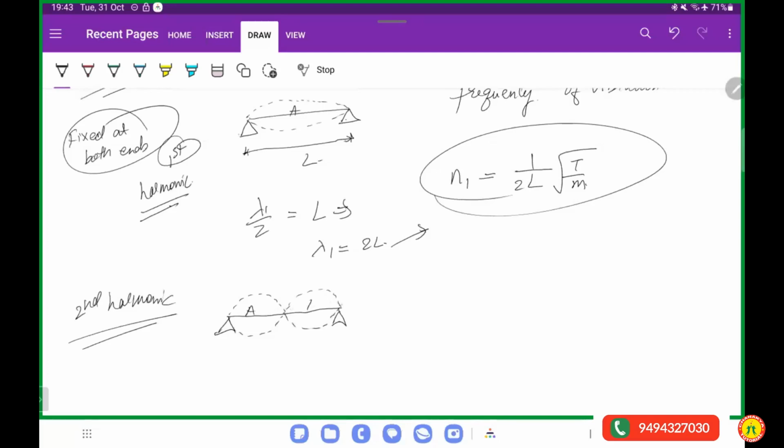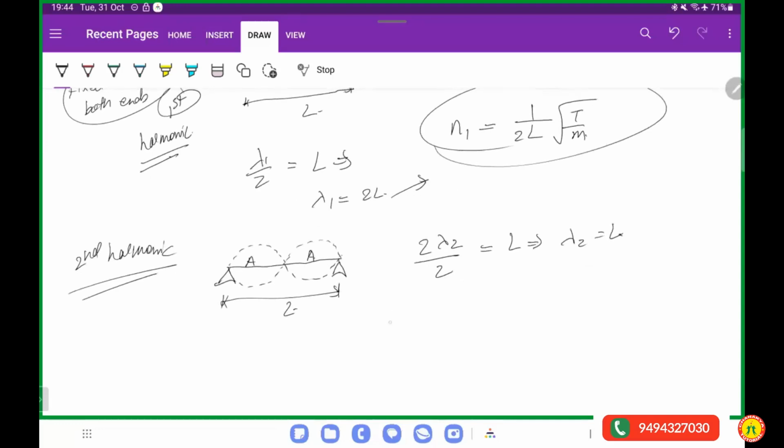The length is the same, L. Here 2 lambda 2 by 2 equals L, which becomes lambda 2 equals L. So frequency n2 will become 1 by L under root T by M, which is equal to 2 times n1.